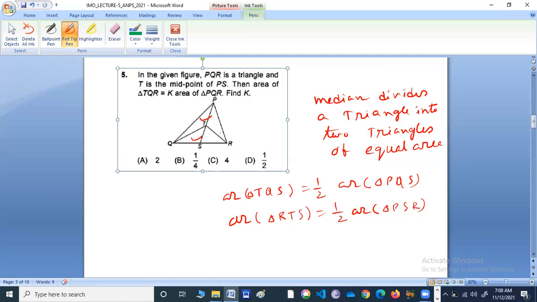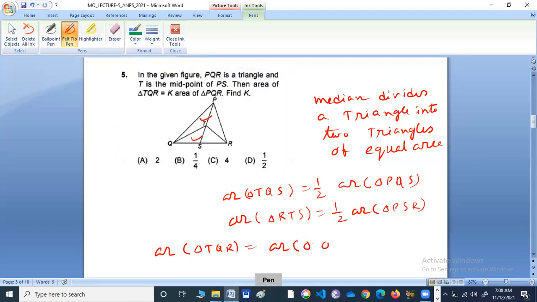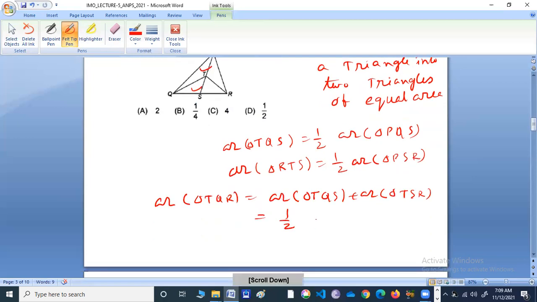Now it's very easy. See, area of triangle TQR means what? Area of triangle TQS plus area of triangle TSR, right? So we have already found the value of TQS, half area of triangle PQS, plus here also just put the value, half area of triangle PSR.